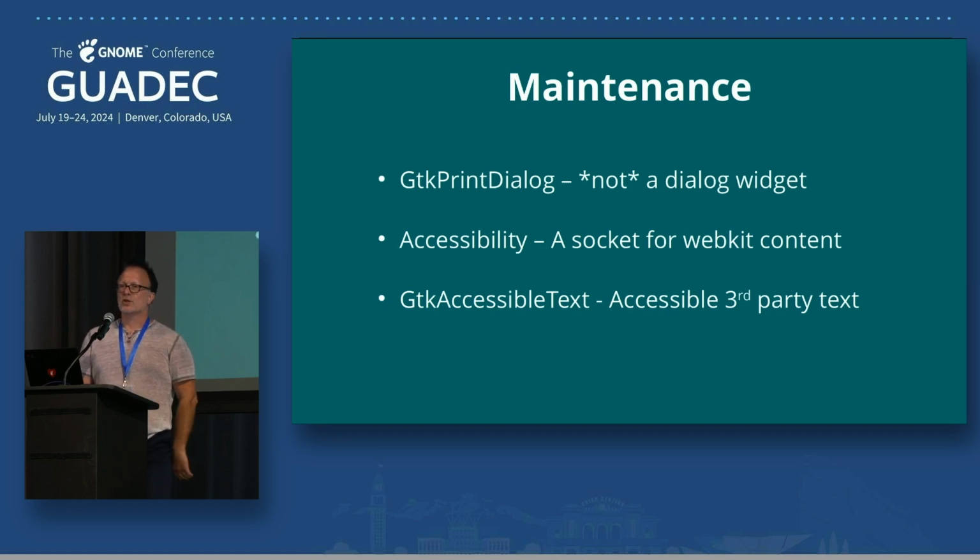That work was done by Georges, who's also here. Thanks for that. And we also now have an accessible text interface exported that lets third-party text widgets be accessible. One example of that is, of course, your terminal, which can use this interface to be accessible and be read by Orca.